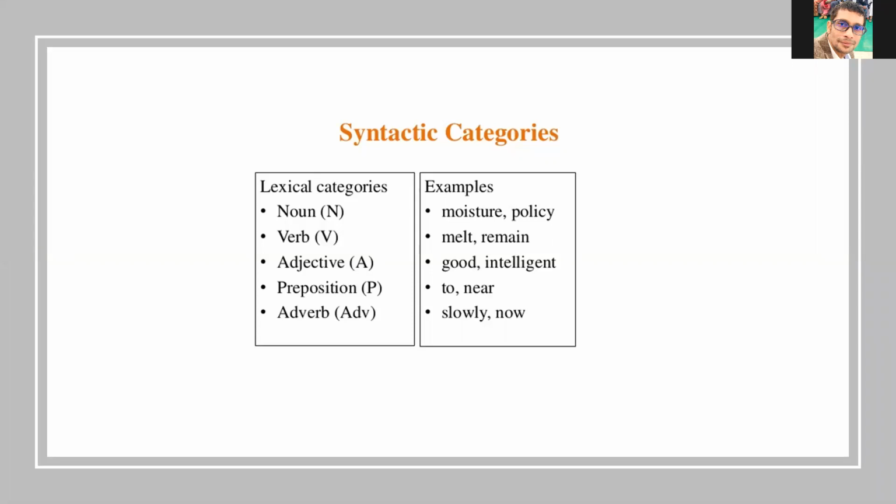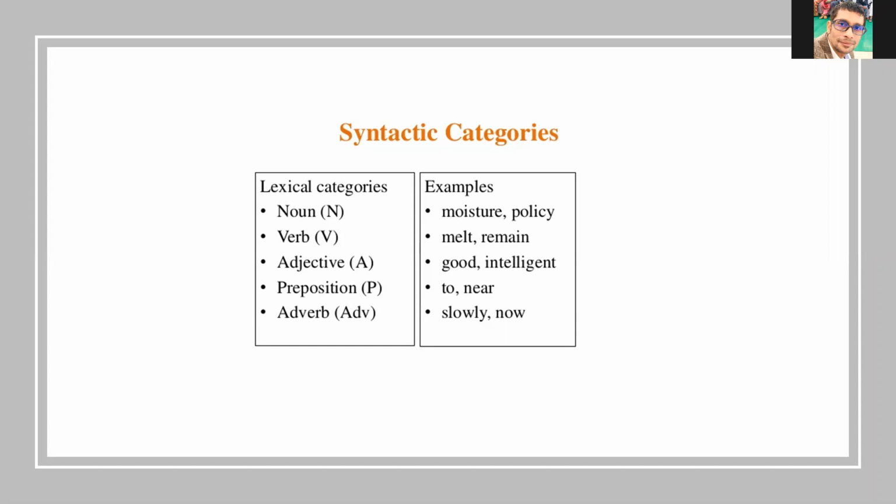In the lexical categories, we find noun, which is symbolized with capital N, verb, adjective, preposition, and adverb. All of them are symbolized with capital letters. The examples are also provided, like moisture, policy, melt, remain, good, intelligent, to, near, story, and now. So these are all lexical categories.